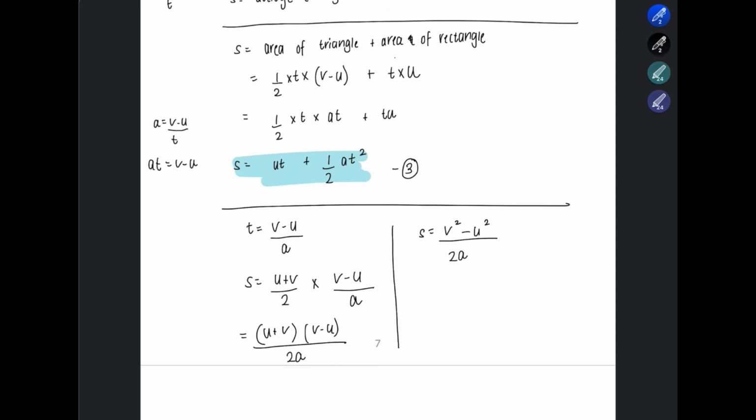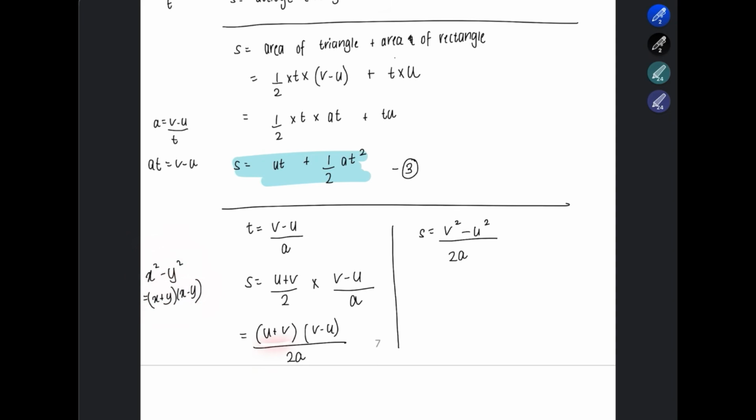Now if you're wondering how did we get this, this is basically a rule in mathematics. v square minus u square will give you (u plus v)(v minus u). Basically, if you have x square minus y square, this is the same as (x plus y)(x minus y). If you simplify this, you will get this.